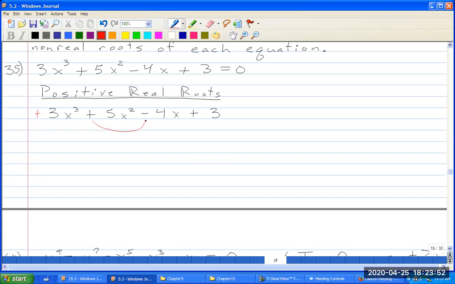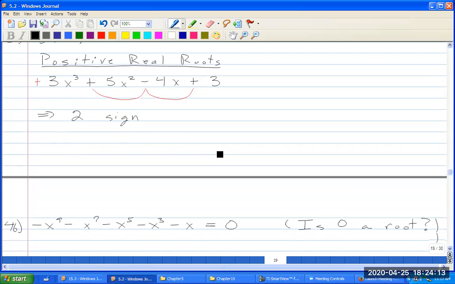Then I have a minus, but now I go to plus. So there are two sign changes.